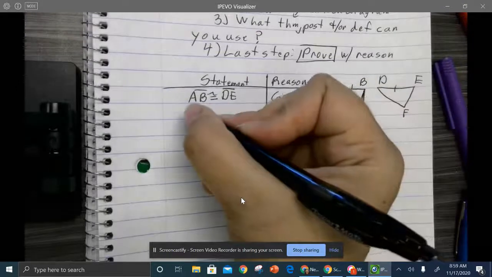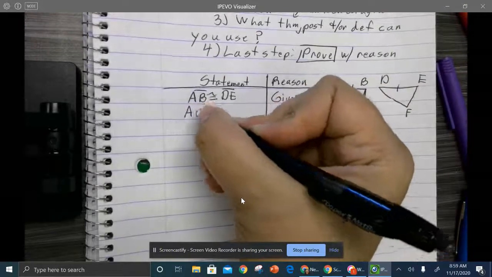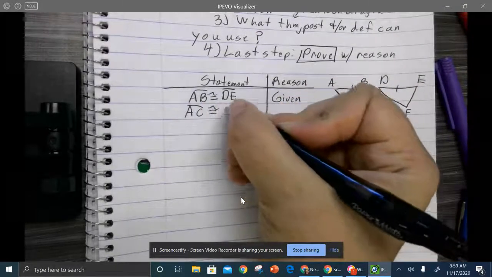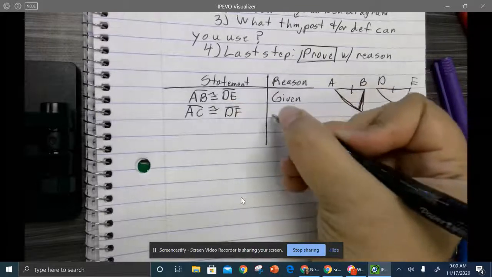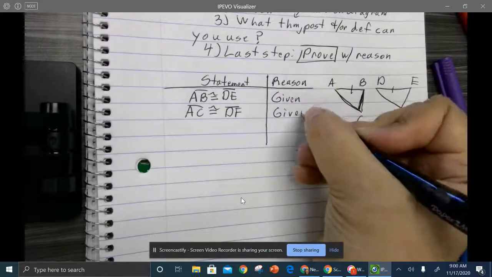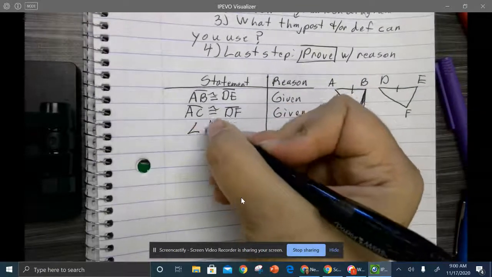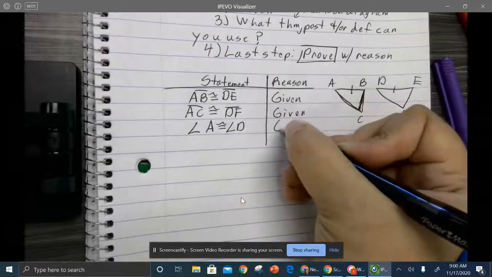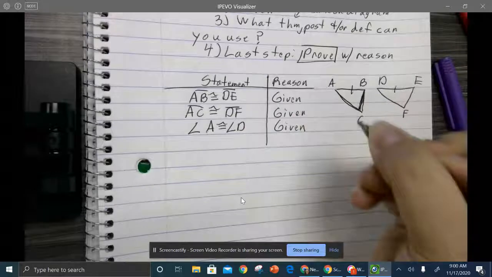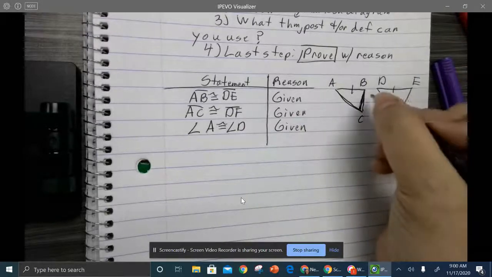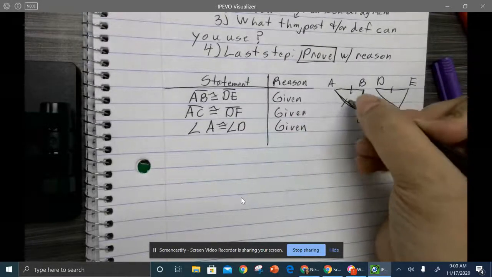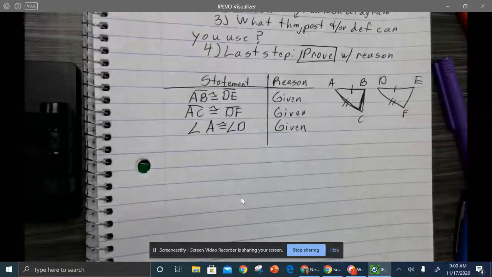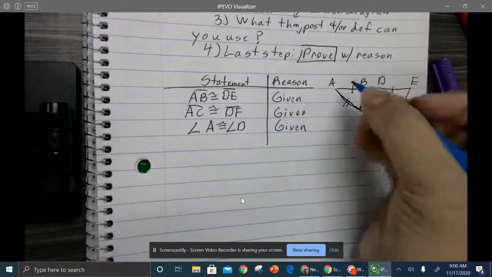We're given that AC is congruent to DF. And we're given that angle A is congruent to angle D. So given. Mark stuff on here.